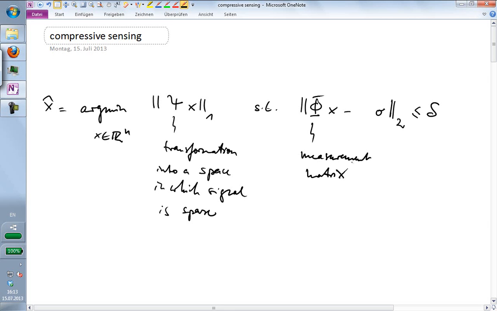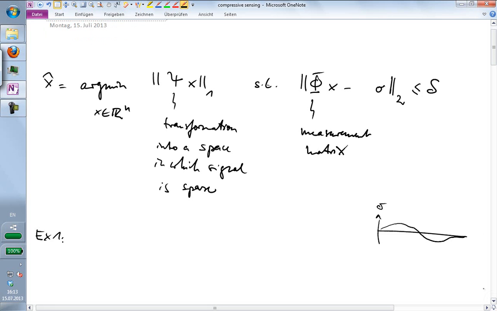So let me give two examples. So let's say example 1, my measurement O, let's say, is a very smooth function. Now the traditional way, which we don't want to follow now, of acquiring the signal would be to measure it at each and every location.